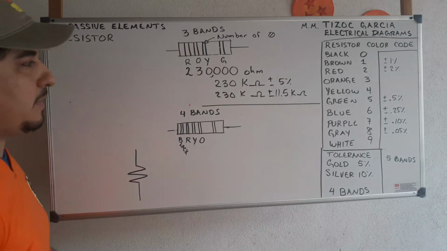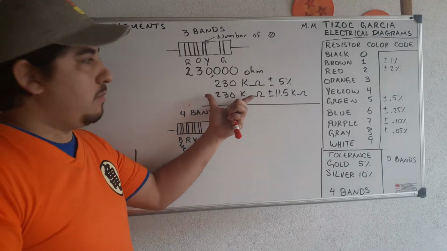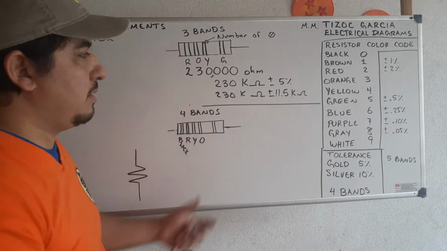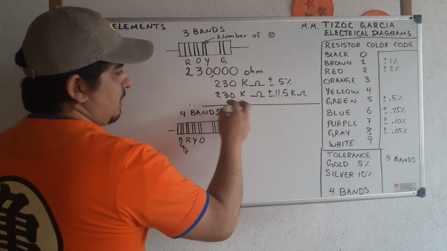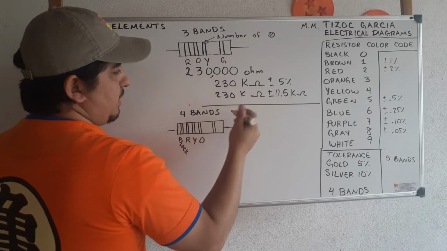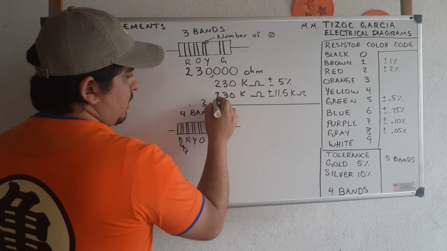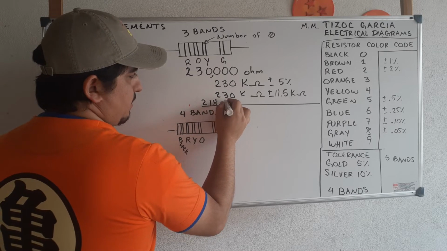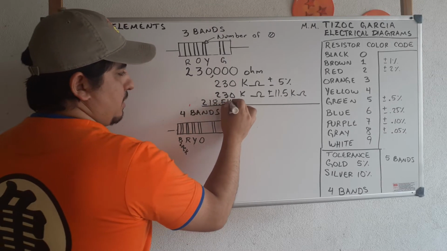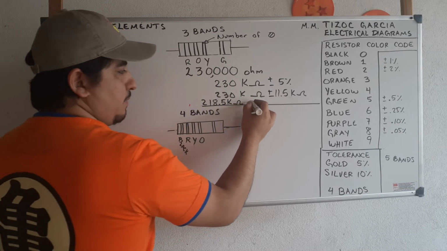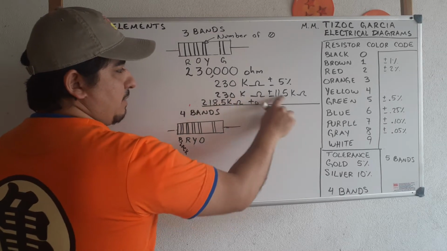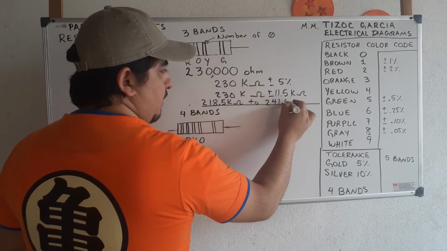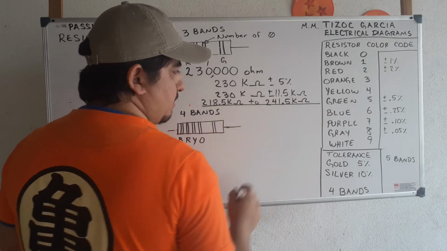And then in the case of this one, we can buy this device with values that start at 218.5 kilo ohms up to 241.5 kilo ohms.